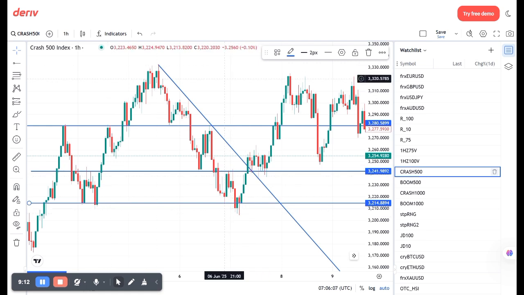As you can see, if you've done BTMM, beat the market maker, this is our core area. This is the first level. This is the second level. This is the third level.